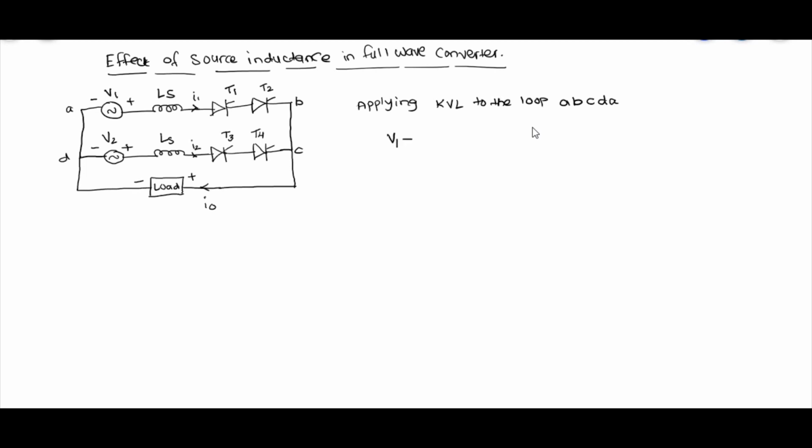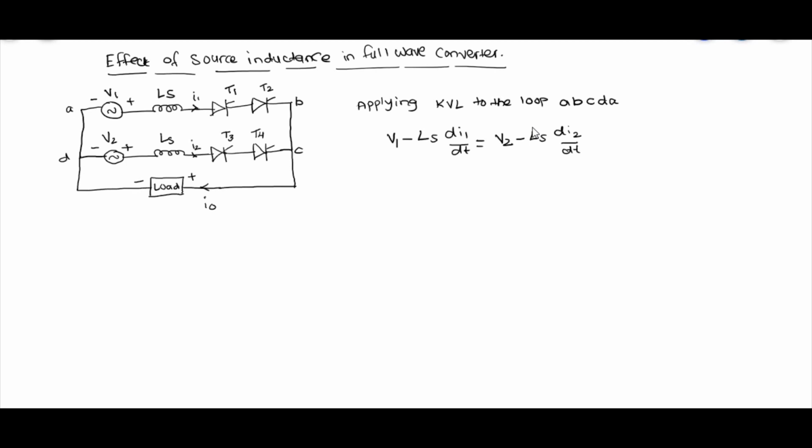V1 minus Ls into di1 by dt, with respect to I1 and Ls, will be equal to V2 minus Ls into di2 by dt.